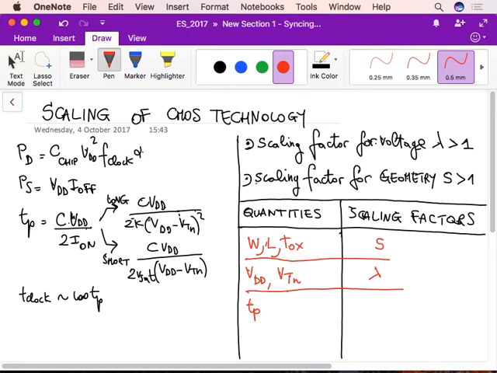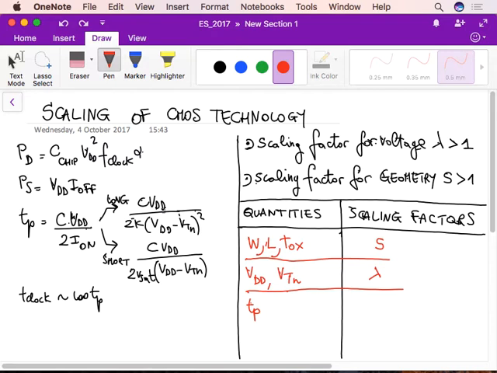You should consider two different situations. The situation for long transistors and the situation for short transistors. Because in various stages of the technology, the transistors have been long in the first years and short in the latest years. So what happens here?